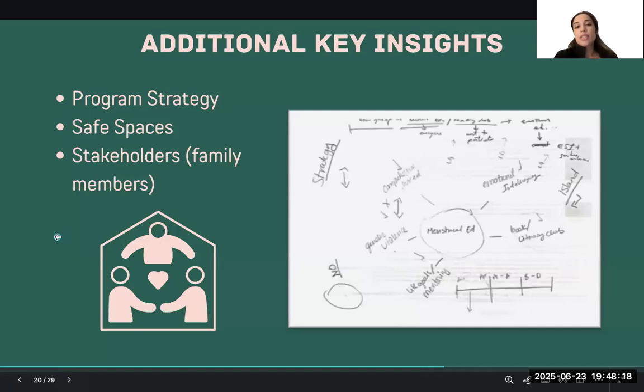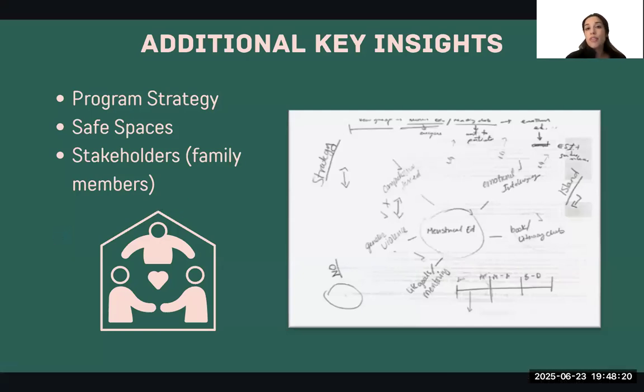So other key insights from this whole experience that I didn't anticipate, really. We talked about a program strategy. The founder and I realized that there was no strategy, and without a strategy, you cannot have a timeline of when you want things to be achieved.